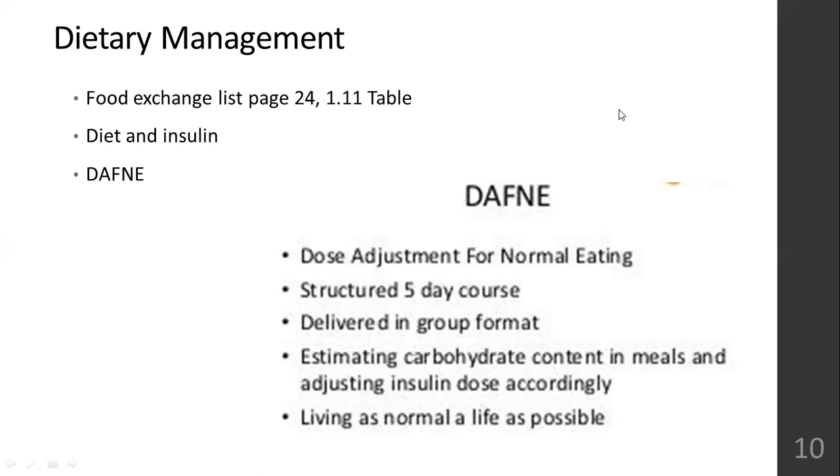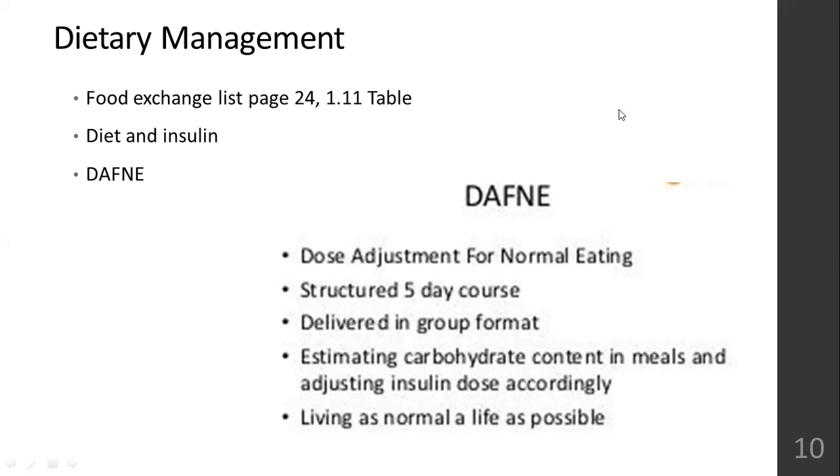If one member in the family is diabetic, it does not mean all the other members have to change their diet, because it is tedious for the homemaker, whoever he or she is, to make two separate meals. So eating the staple food, what they're supposed to eat, and adjusting your insulin dose based on whatever you're eating. That is what we call dose adjusted for normal eating, Daphne.